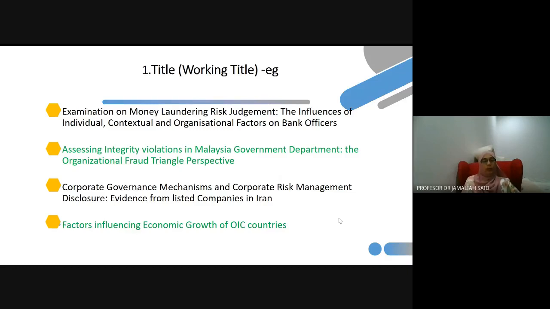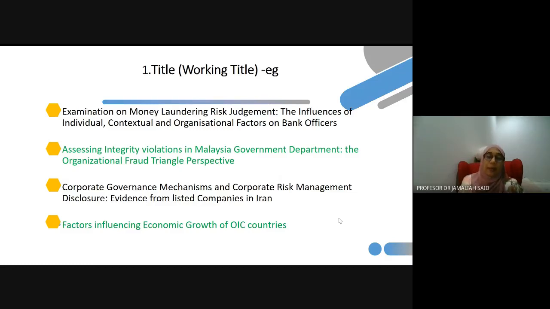Maybe they are looking at the possible factors that will improve economic growth. Maybe political stability, maybe, what else? The quality of governance of the country. There are many factors. But by putting factors, we know that this study is trying to identify what actually contributes.